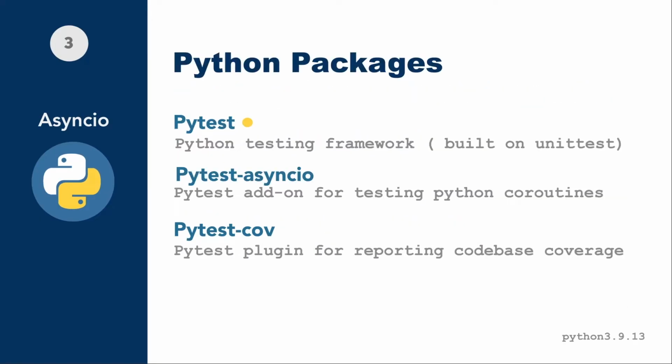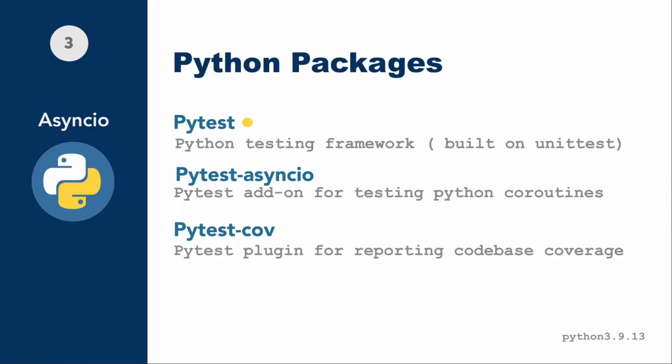Last but not least, we have Python packages that we'll be using so we can demonstrate how to test asyncio. We have the famous pytest. Pytest is a Python testing framework. It is built on unittest, but pytest is more readable, more flexible to test Python applications.